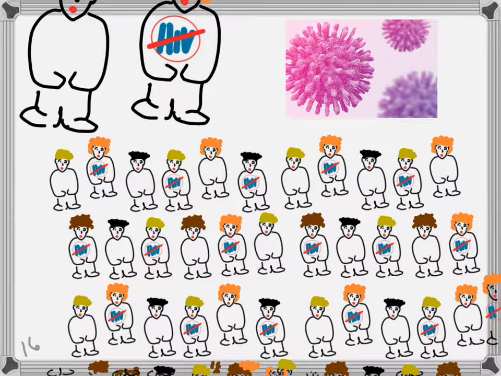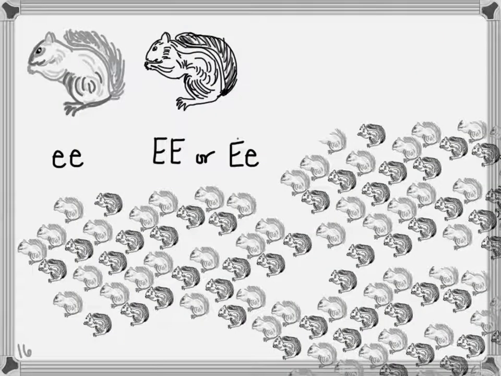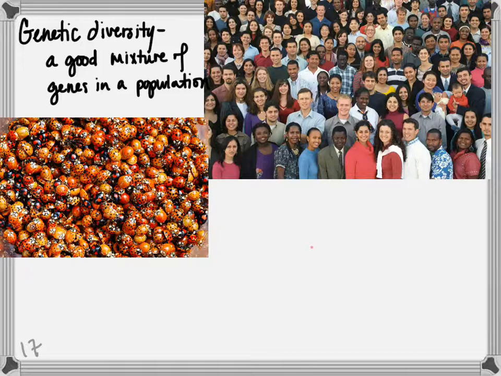Well, it does if conditions change, and only those with one particular version of the allele are able to survive. Having a population with high genetic diversity, that is, a good mixture of genes, makes the population, well, or at least some of its members, more likely to survive when climate conditions change or disease sweeps through, or when something disrupts their habitat.